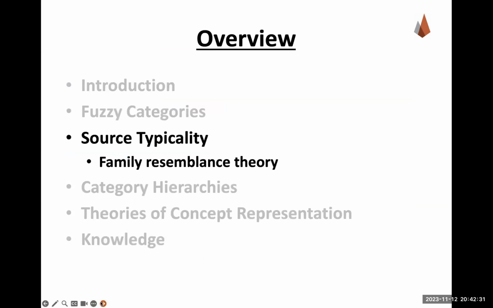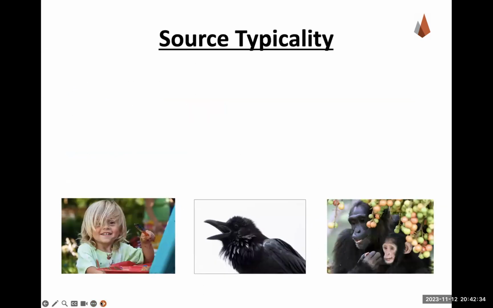Let's talk more about typicality. What causes something to be a prototypical member of a category?